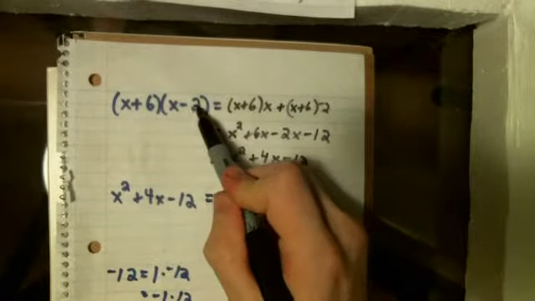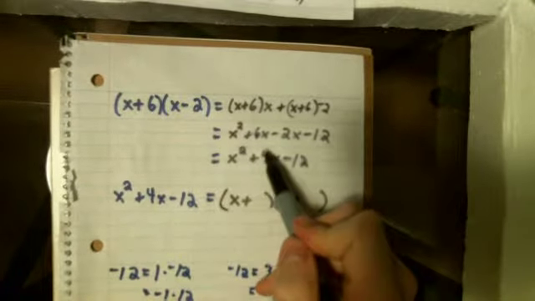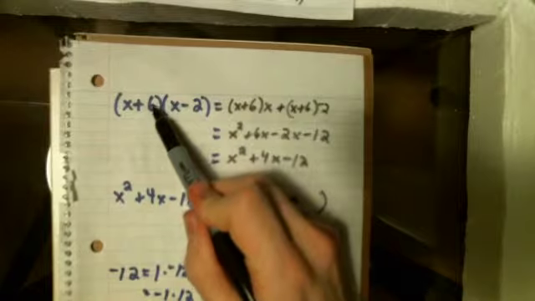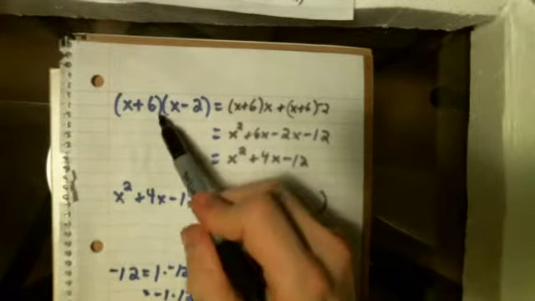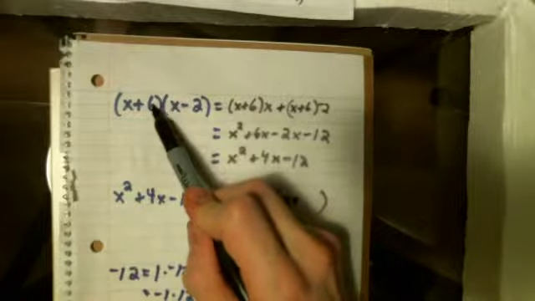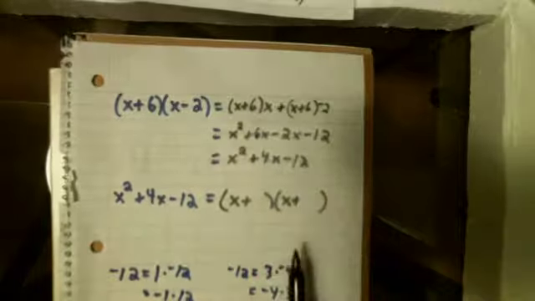So we saw that 6 times negative 2 had to equal negative 12. And then what we also see is that 6x minus 2x was 4x. So what we see from above is that this number plus this number have to be that number.